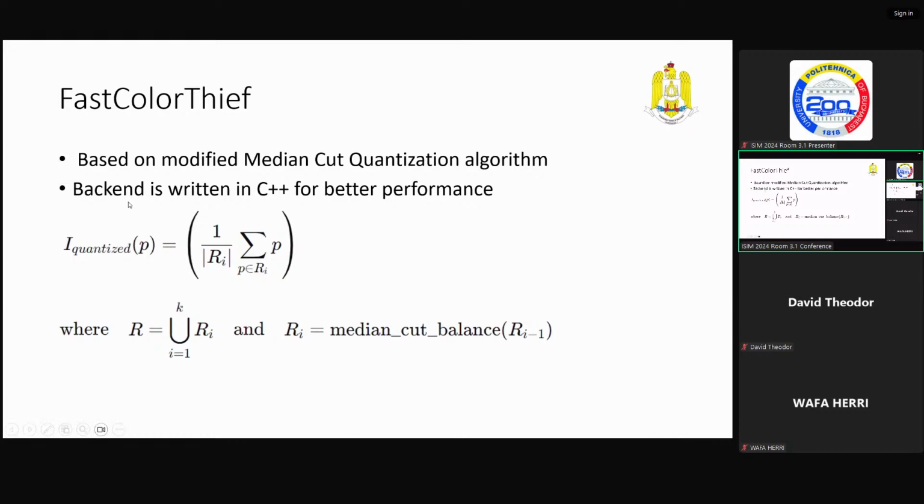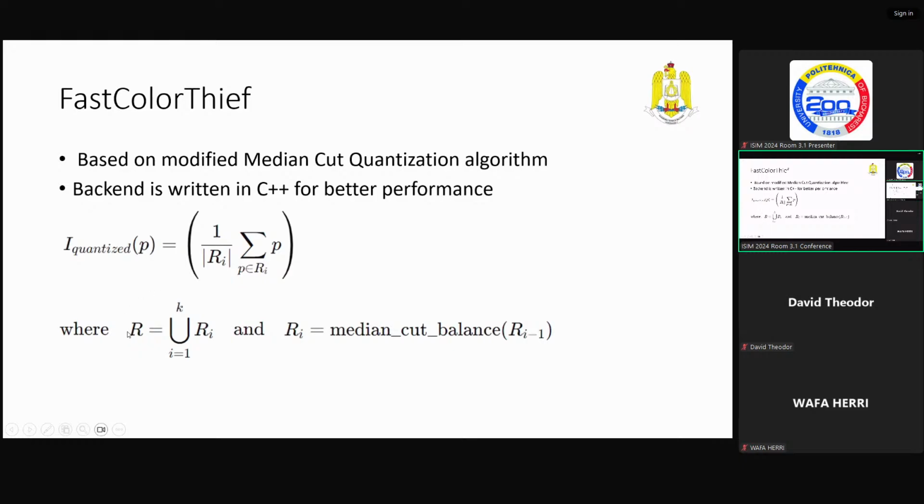Here, I present you the equation that summarizes the entire process of Fast ColorFit. So, the resulting color of one of the final pixels is the average of every pixel in that region.